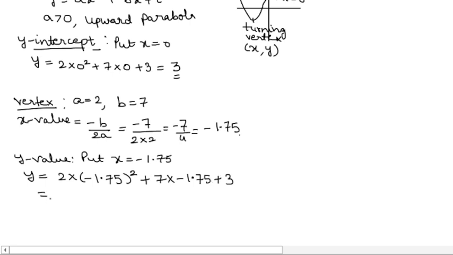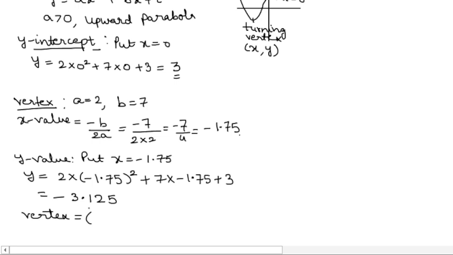When you use a calculator to solve it, or you can also solve it manually, I've already solved it and I know the answer is going to be negative 3.125.